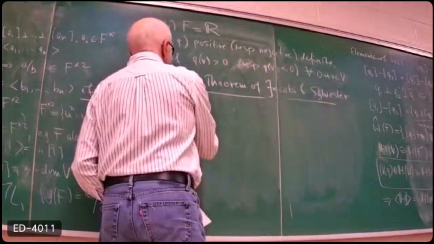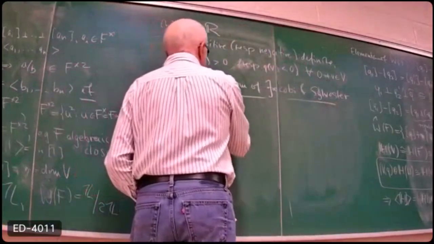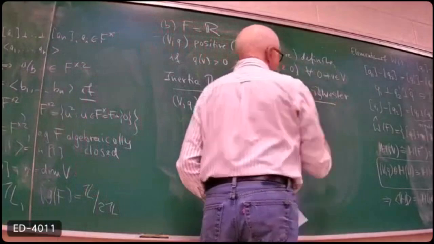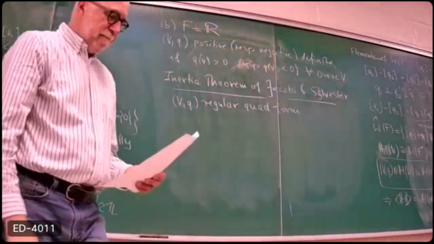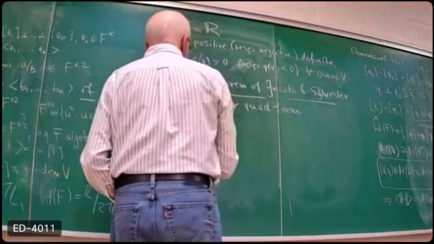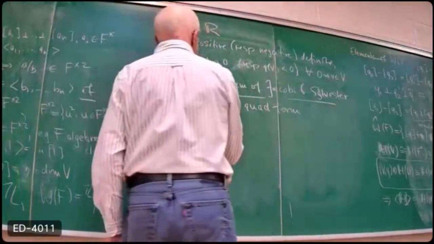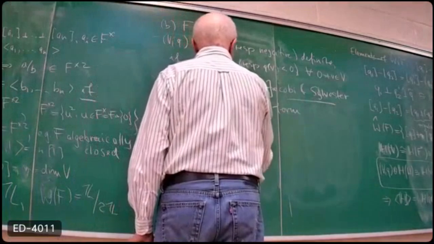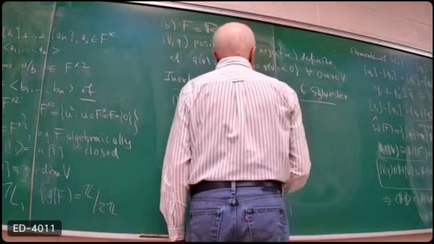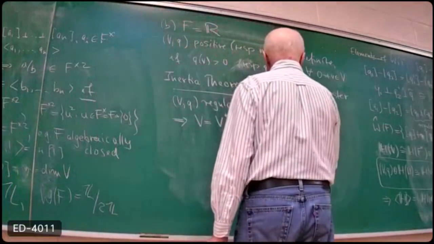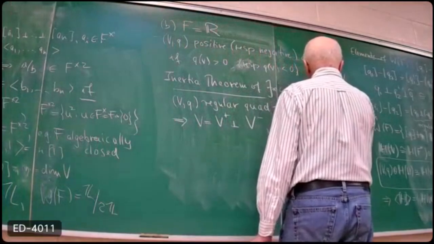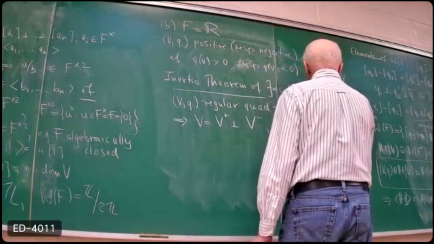Given a regular quadratic form over the real numbers, there exists a decomposition of V as V plus orthogonal sum V minus such that Q restricted to V plus, respectively V minus, is positive, respectively negative definite.